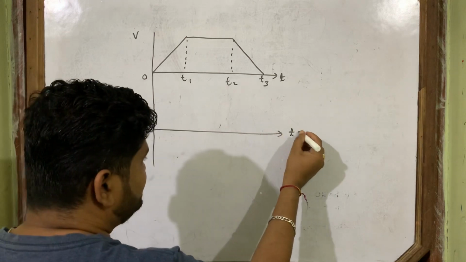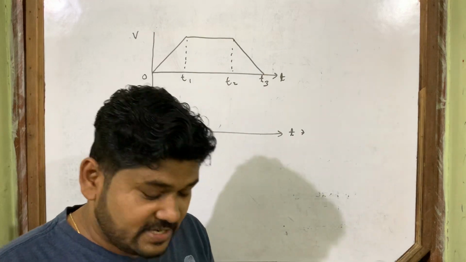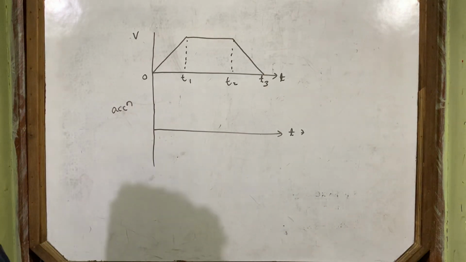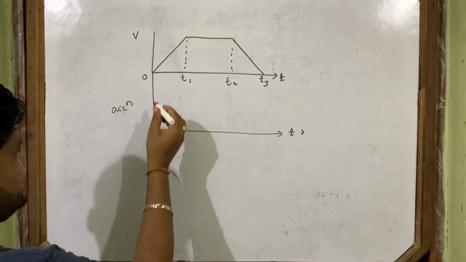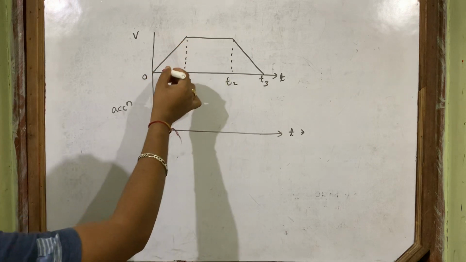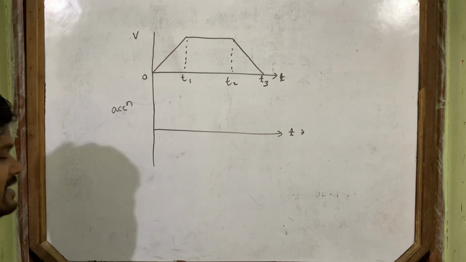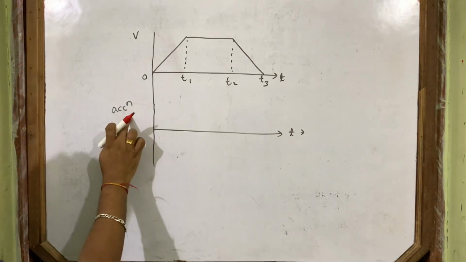You draw the acceleration time graph. The question will be asked like this. How will you draw the acceleration time graph? Now you see. Here is the acceleration time graph. Now see the nature of motion here. This is a velocity time graph and it's a straight line. So this is which type of motion? We will draw acceleration.